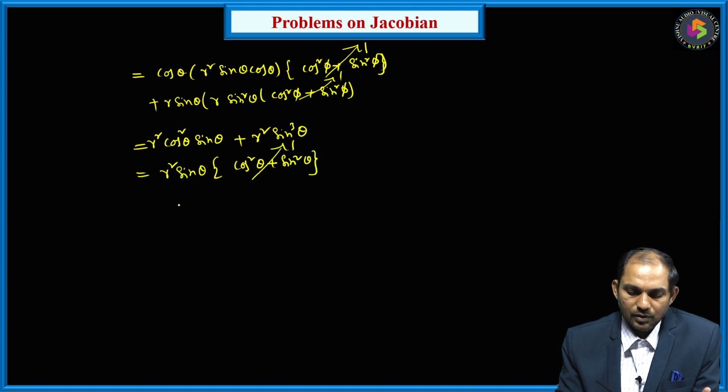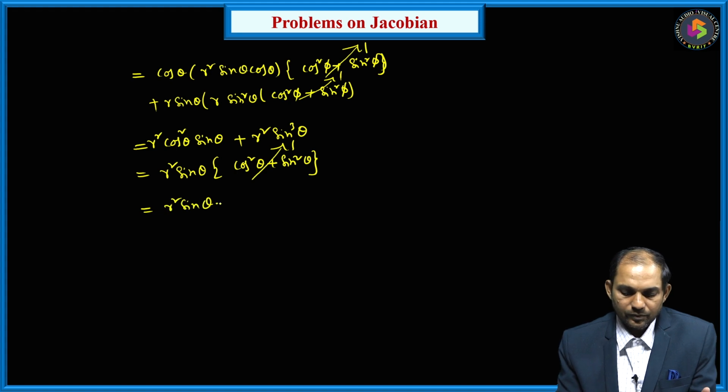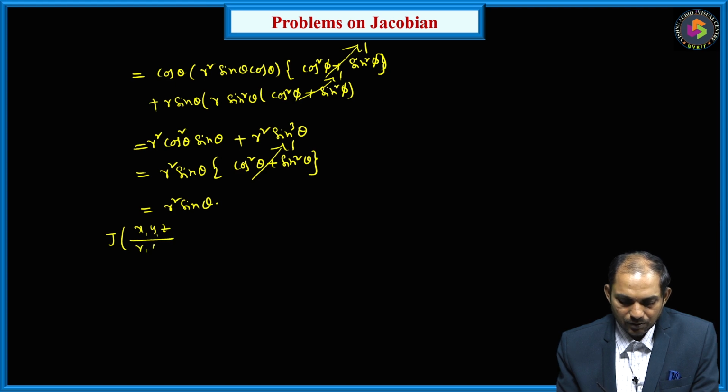Again this is 1, and the result is r square sin theta. So, this is how we compute the Jacobian of x, y, z with respect to r, theta, phi, which is given by r square sin theta.